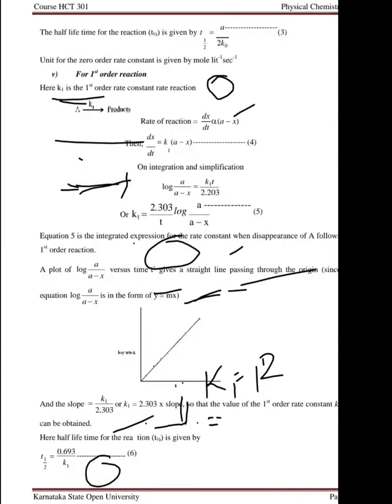See, for first order we have derived this equation: K1 is equal to 2.303 by t log of a by a minus x. This is the equation we have taken in that problem.